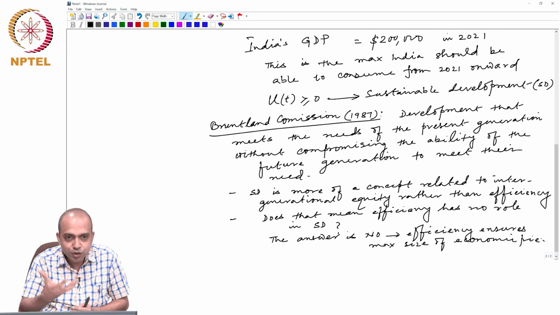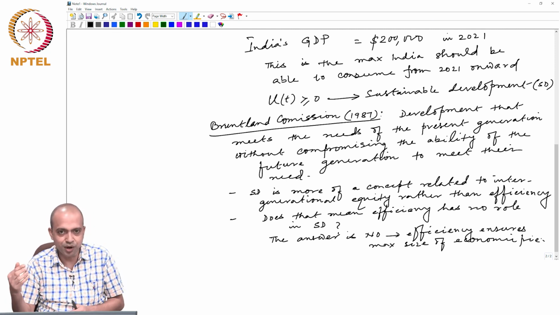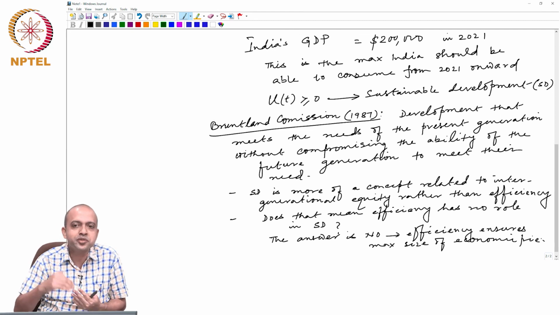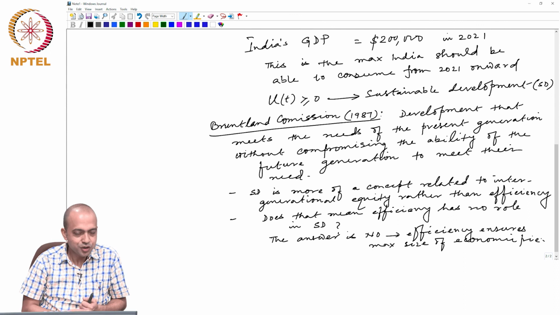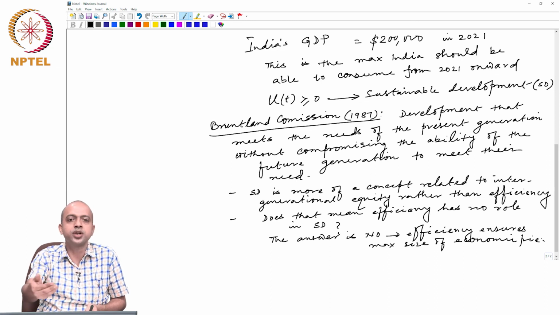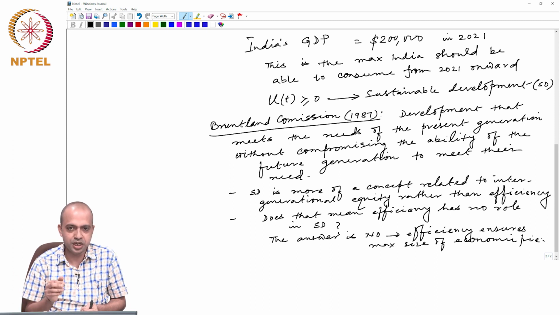And if the size of the economic pie is maximum, then the present generation can actually keep a sufficient amount for their future counterpart. So, in that way, efficiency also has a role in ensuring sustainable development, but sustainable development, the concept per se, is more concerned with the equitable distribution of resources, not with efficiency.